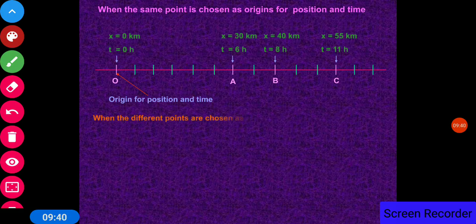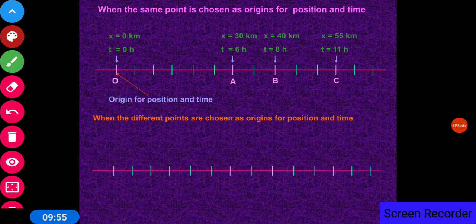Now, when different points are chosen as origin for position and time, let us see what will be the values of x and t for these points A, B and C. Here we have chosen different origins for position and time.